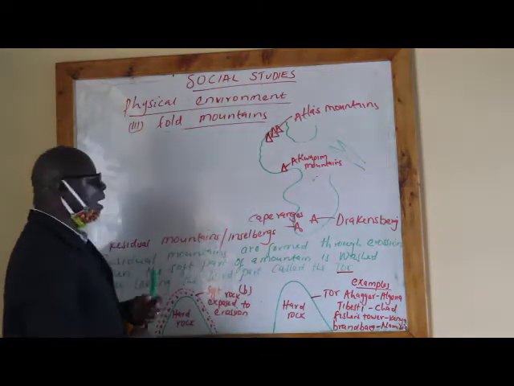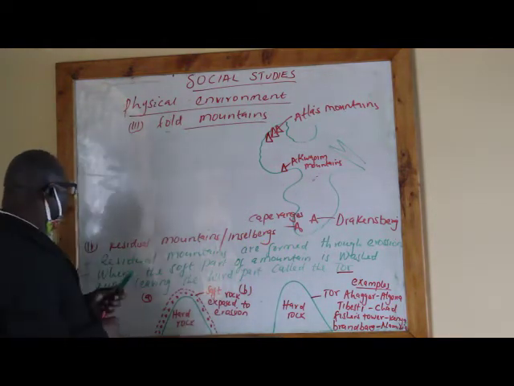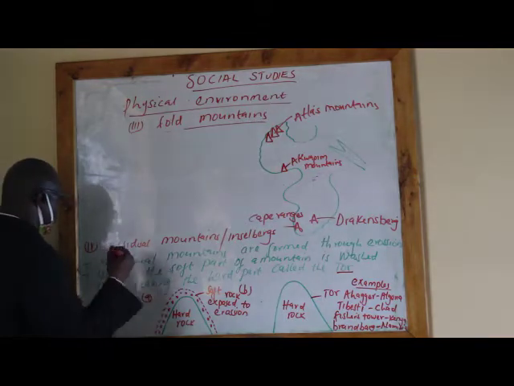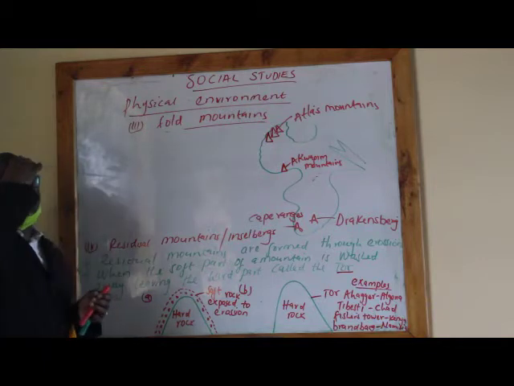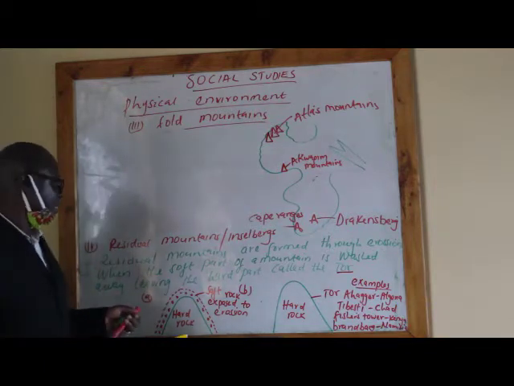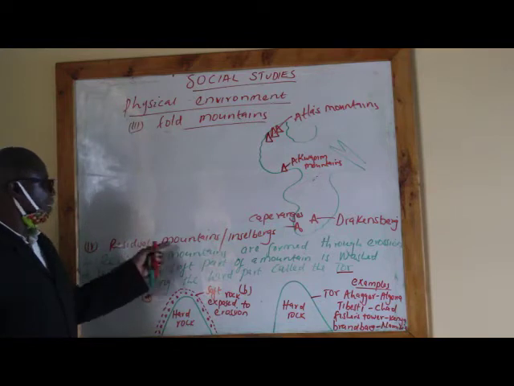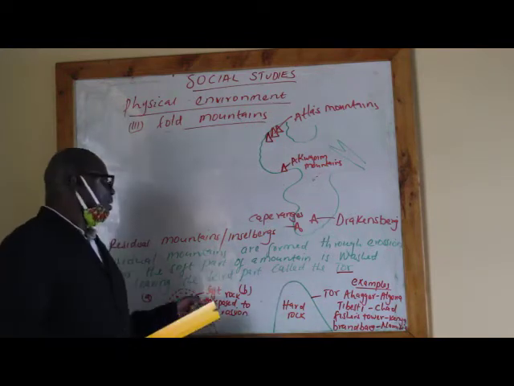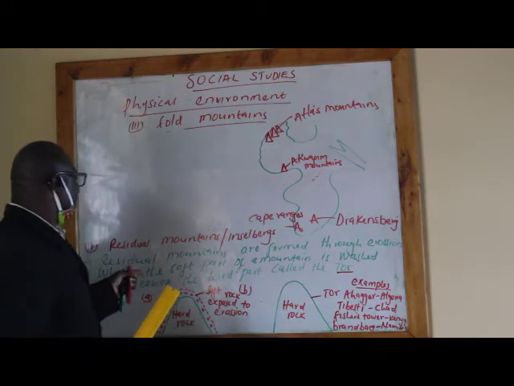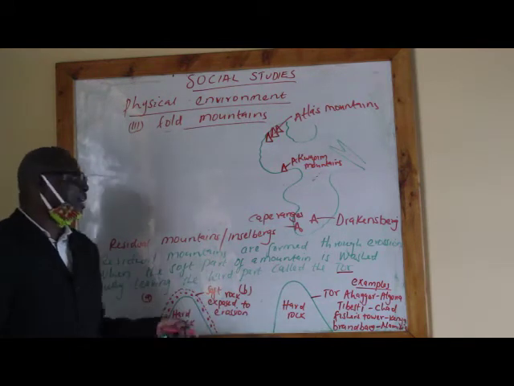So now, allow me to talk about residual mountains. The word residual comes from the word residue, which means the remains. Residual mountains, which are also known as inselbergs, are mountains that are formed after erosion.